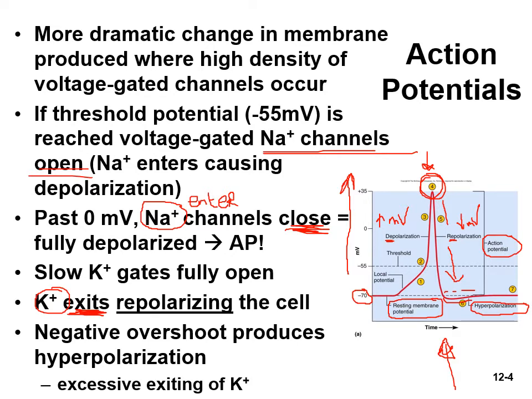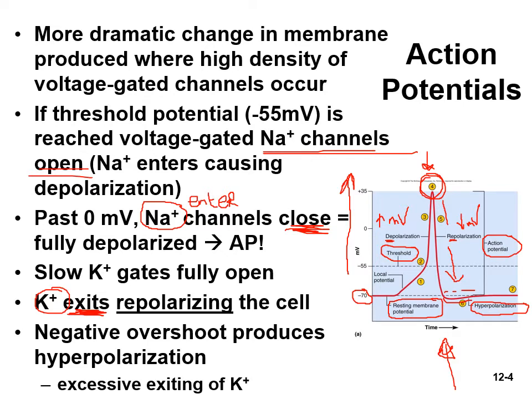Now, another thing I want to point out to you, and once again I'm going to show you this graph a little bit larger, we're going to do it all over again, is notice that they've also indicated for you that you have a threshold. So the threshold is basically the minimum amount of stimulus or the minimum amount of increase in your membrane voltage that is required before an action potential can be done. So this is like an all or nothing situation.